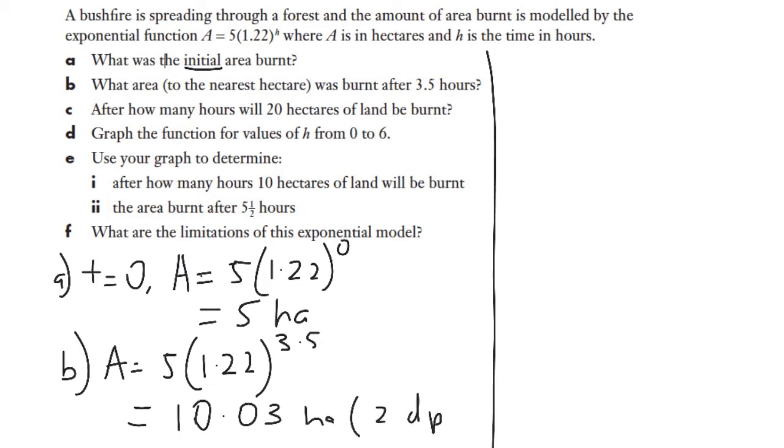So you can see in the first 3.5 hours we've doubled. Now the thing about an exponential is it won't take 3.5 hours to double again. It's going to grow more quickly because there's more, if you think about it in terms of a fire, there's more land burning, so there's more land that's nearby that can start burning as a result of that. So not only does more land burn, it actually burns more quickly as well.